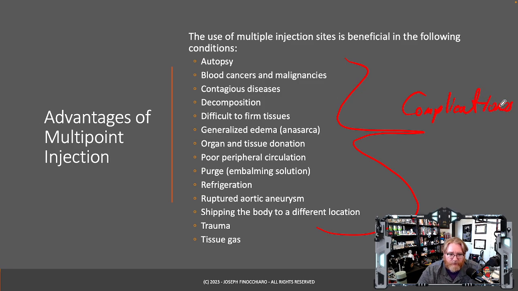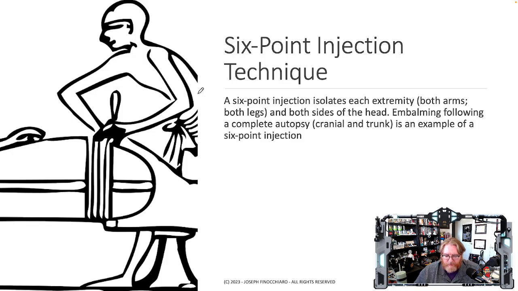If it was normal, you wouldn't have any of these. There are people out there that will memorize every single one of these checklists, but every one of these is simply a complicating factor. It's that simple. So, a 6-point injection. This is a type of multi-point.